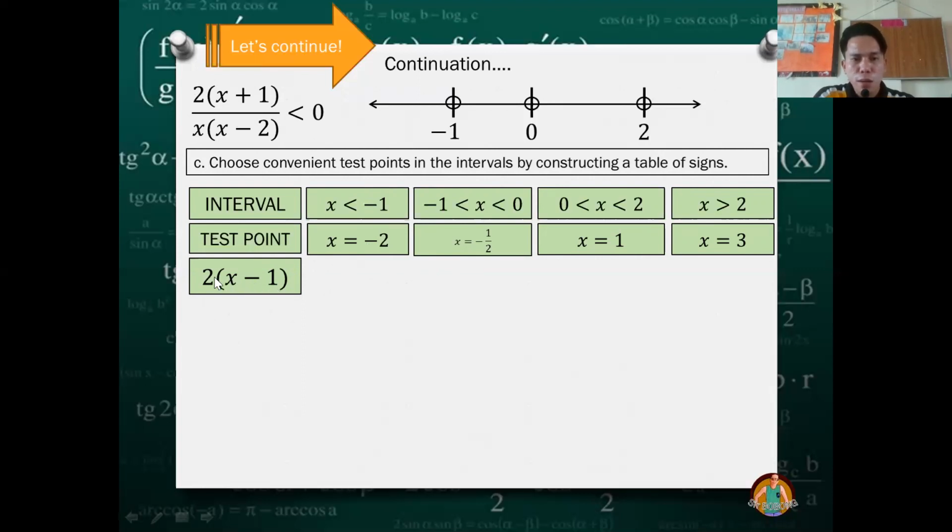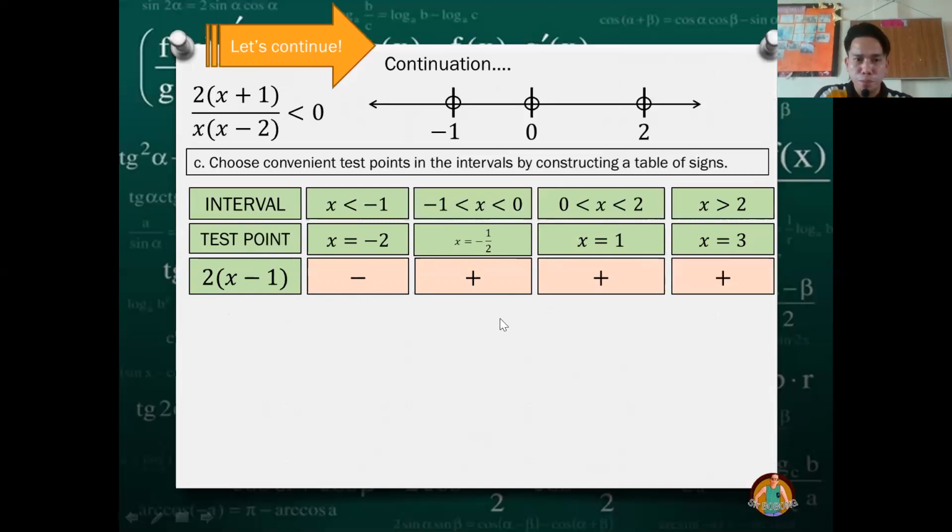So negative 3 times 2 will give us negative. So yung sagot niya is negative. Again, sign lang po yung ilalagay. Okay? So kapag x is equal to negative 1/2, yung sagot niya is positive. Kapag yung x naman is 1, yung sagot niya is 1 minus 1 is 0, so positive. And for 3 naman, 3 minus 1 is positive, so positive pa rin.